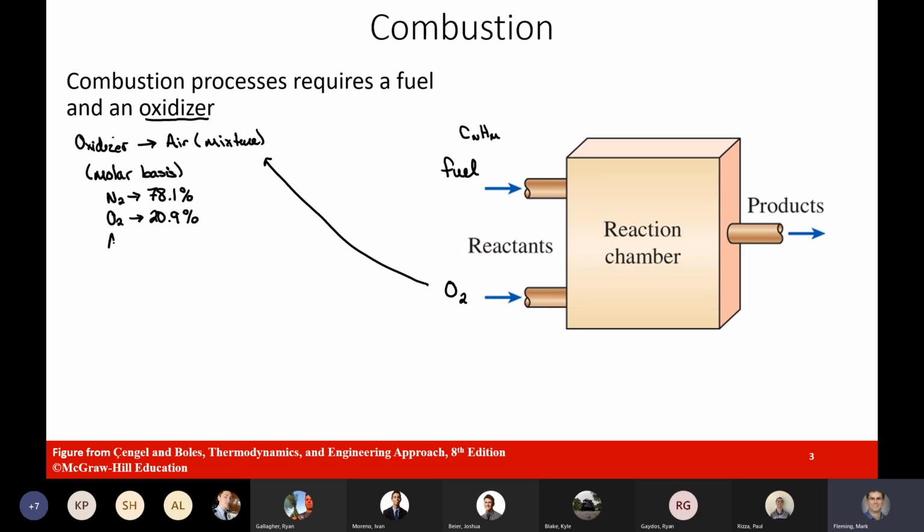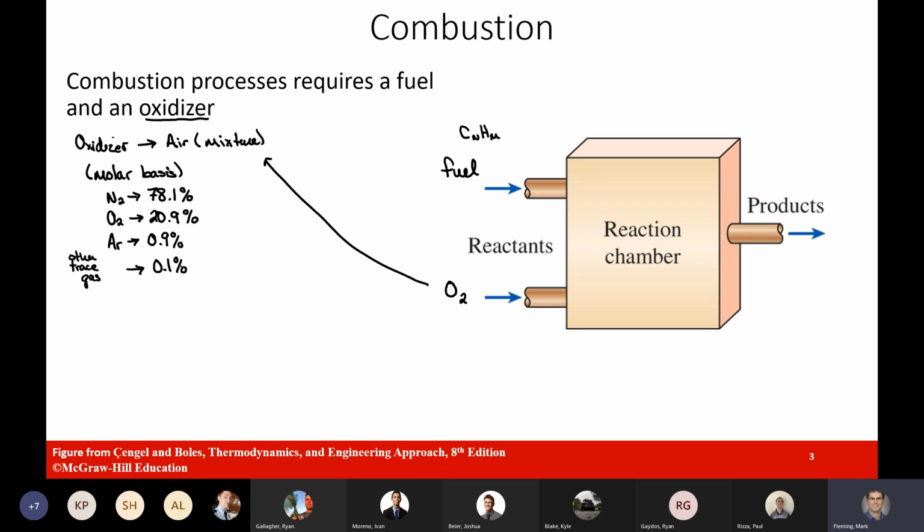The third component that we could consider is a little bit of argon, and so this would be 0.9% on a molar basis. And then there are other trace gases. And we'll note that these are the other trace gases, and these account for the very last 0.1% of the atmosphere.